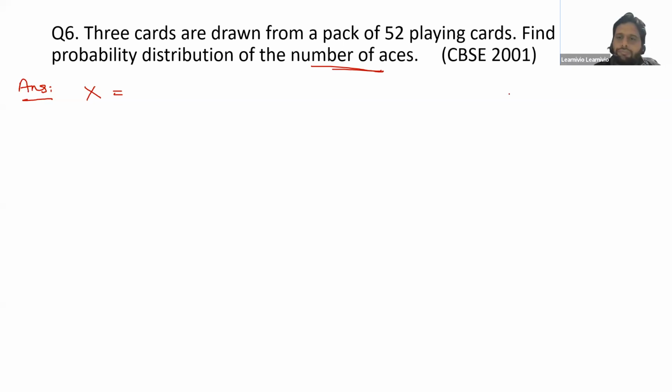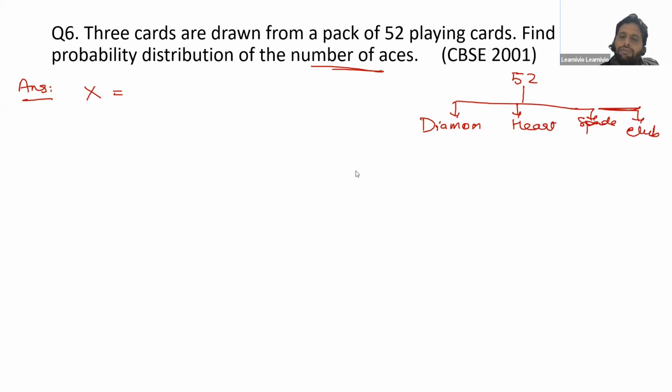No idea? Again, check here. You have 52 cards. I already explained this to you. So you have 4 types: diamond, heart, spade, and club.